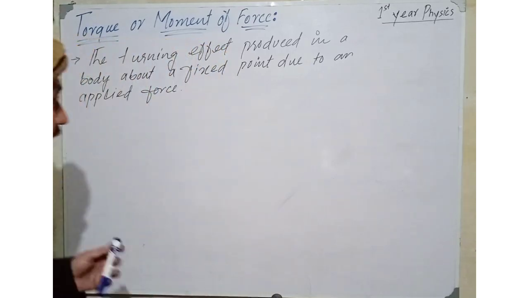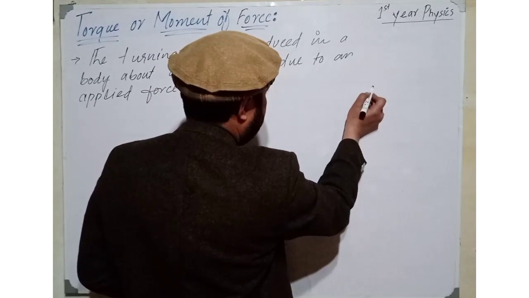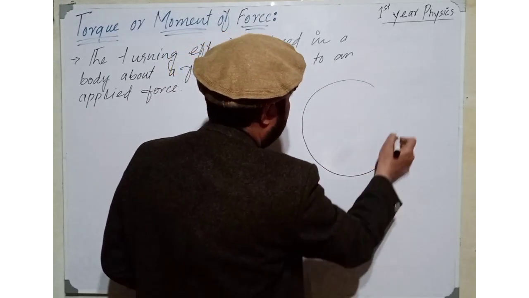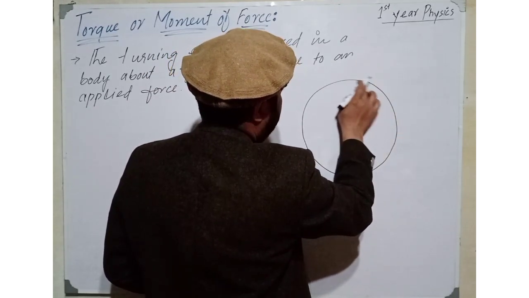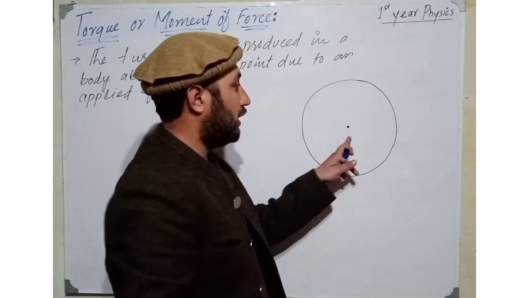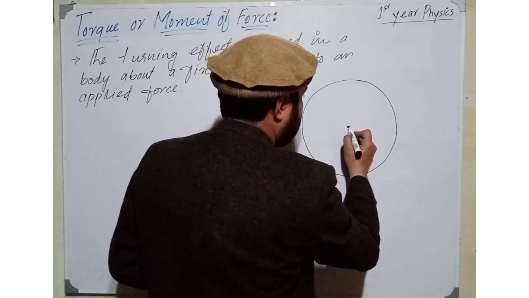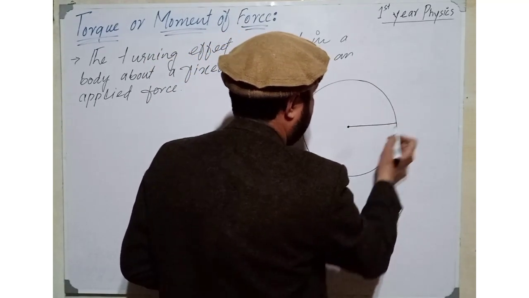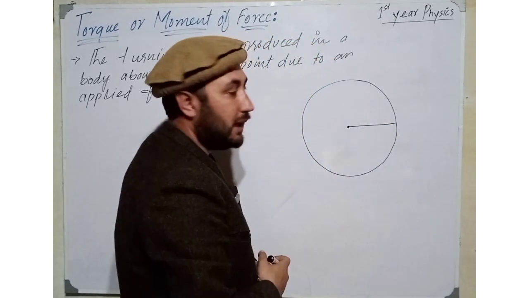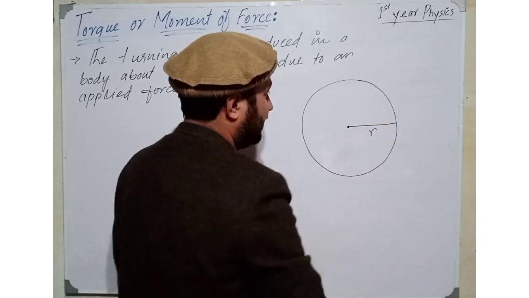Okay, let us take an example of a wheel, because we know that a wheel rotates due to an applied force. This is the center of the wheel, what we call the axle. Let us represent one of the spokes of the wheel with this line, and we call this distance r.